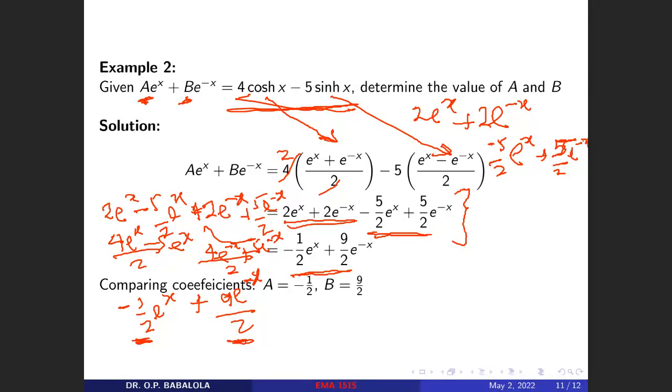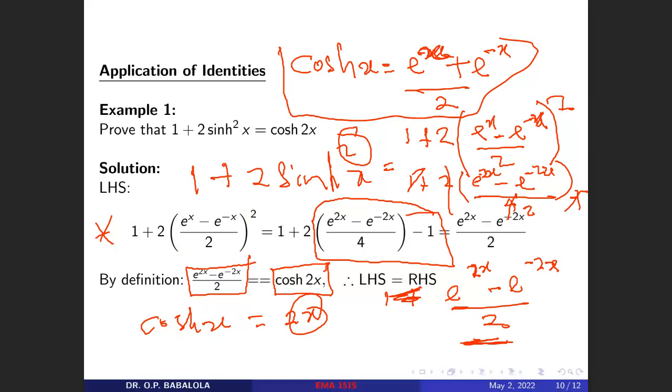Talenta, you were asking me about one. Which one are you talking about? On the last slide, sir. You mean this example? Yes. Are you asking about this minus 1? Okay.